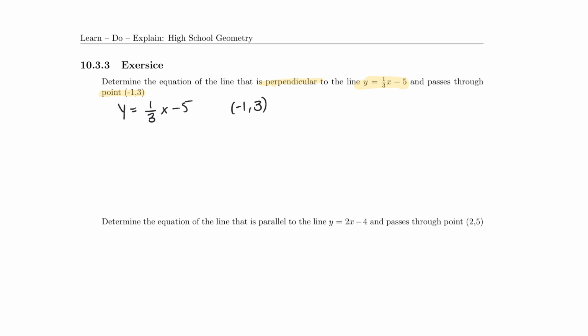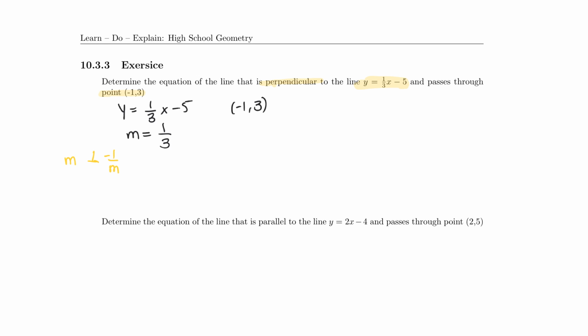For this, the slope is 1/3. And again, remember that for perpendicular lines, one has to have the slope of m and the other one has to be minus 1 over m.